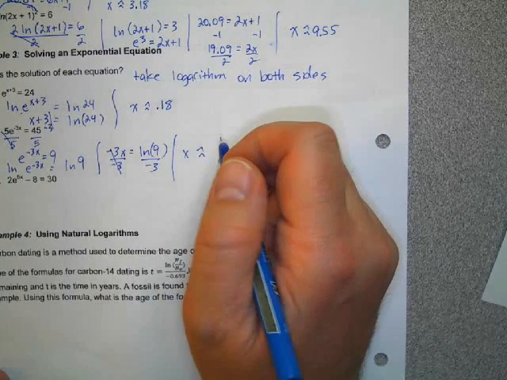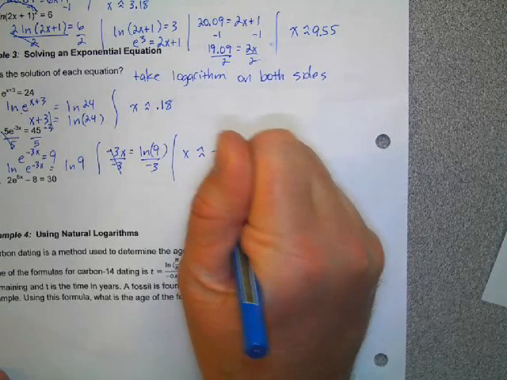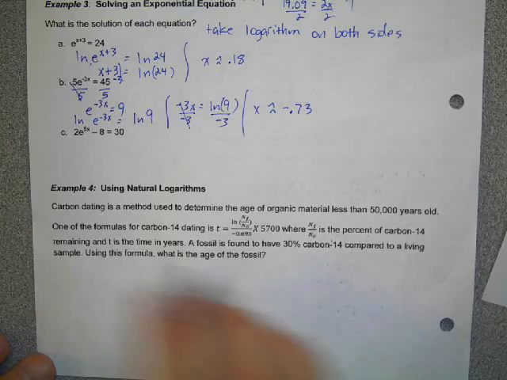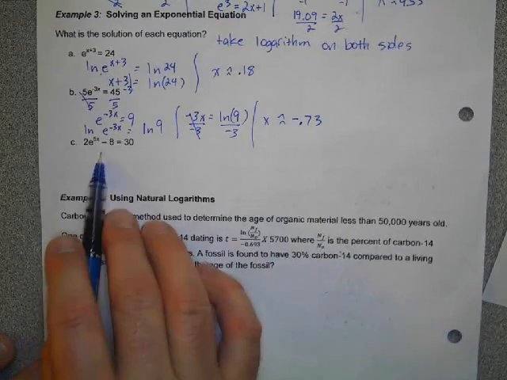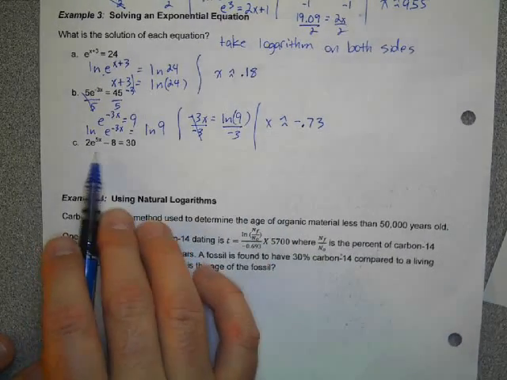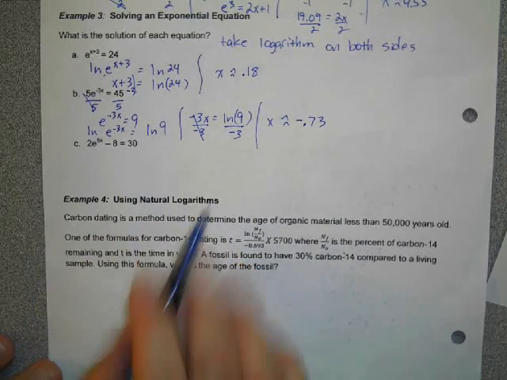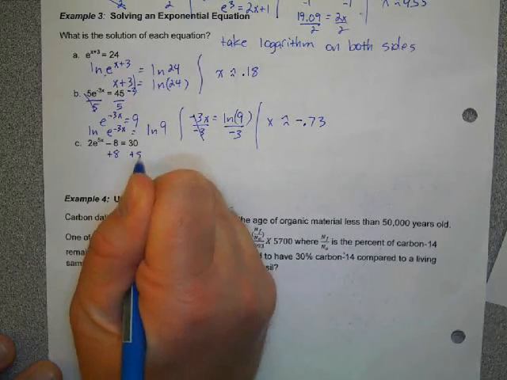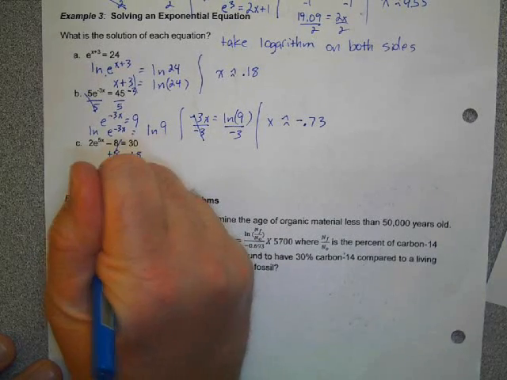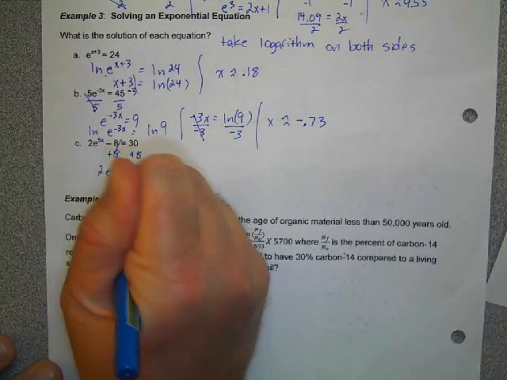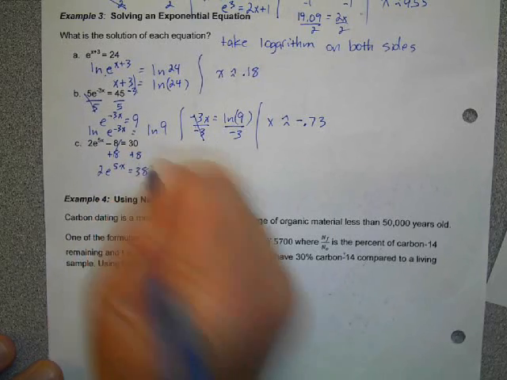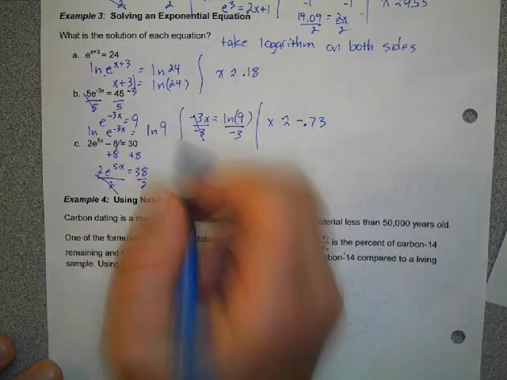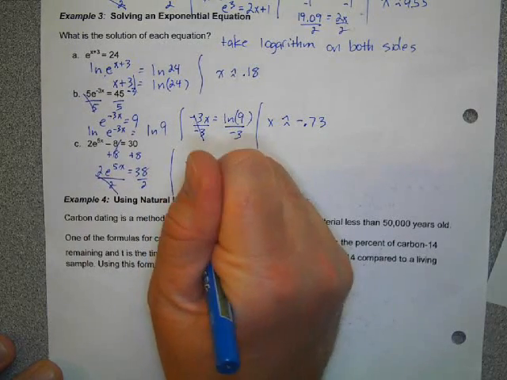The last exponential starts out like this. You have two numbers around the exponential to get rid of. So if you have minus 8, you want to add 8 to both sides. Divide the 2 out. It says e to the 5x equals 19. Then once again, take the ln on both sides.